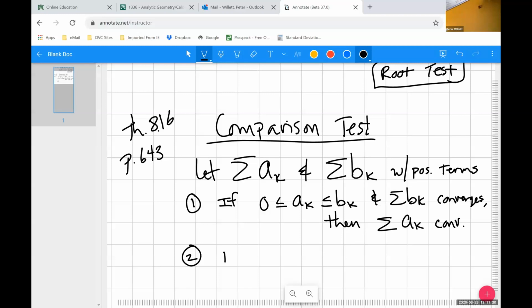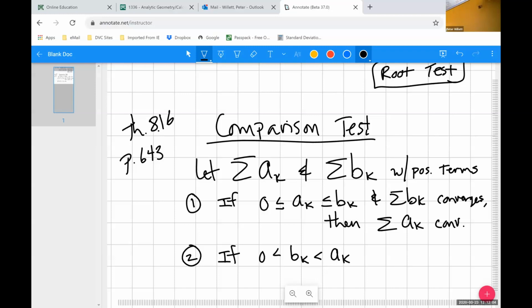And then similarly, we can do this the other way around. If 0 is less than or equal to b sub k, which is less than a sub k. Whoops, sorry. I think these should be strictly bigger than 0. In this case, I did the wrong one, of course.